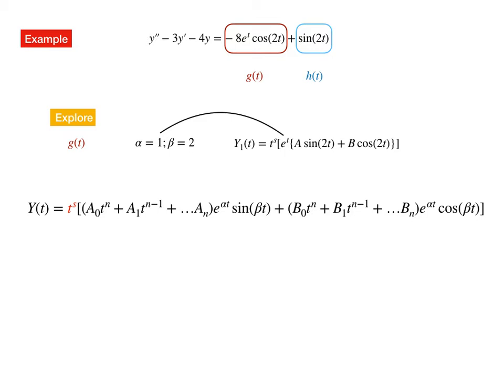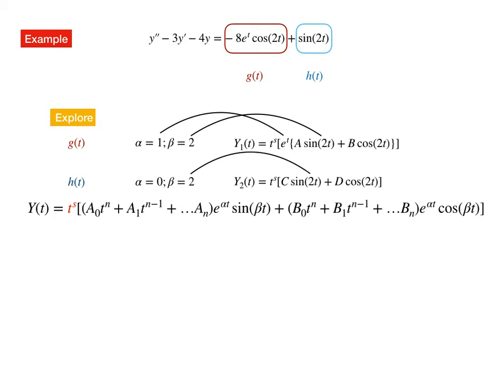As you can see in the general form, you have e to the alpha t as a common term. You can factor it out. All right, that's for g of t. How about for h of t? Alpha equals 0 because there are no exponential functions. The coefficient of t in the sine is 2, so beta equals 2.